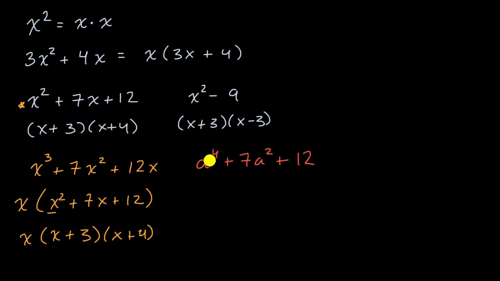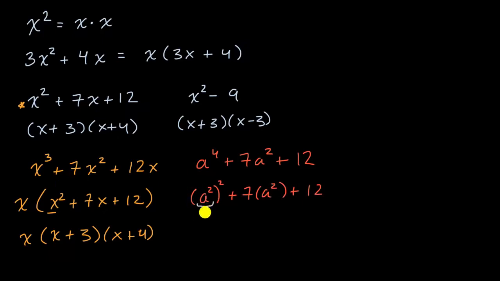And at first you're like, wow, there's a fourth power here. What do I do? Until you say, well, what if I were to rewrite this as a squared squared plus 7a squared plus 12? And now this a squared is looking an awful lot like this x over here.